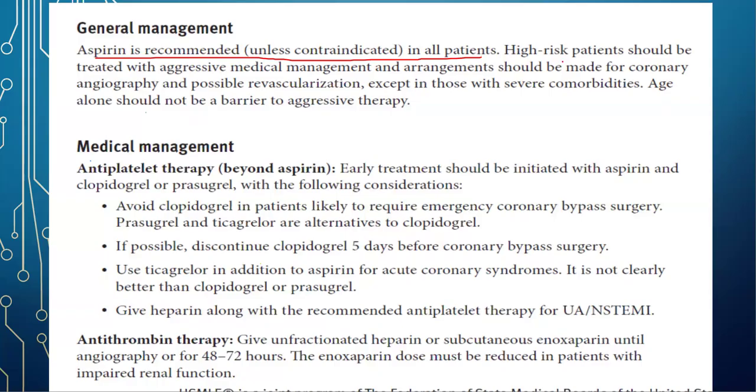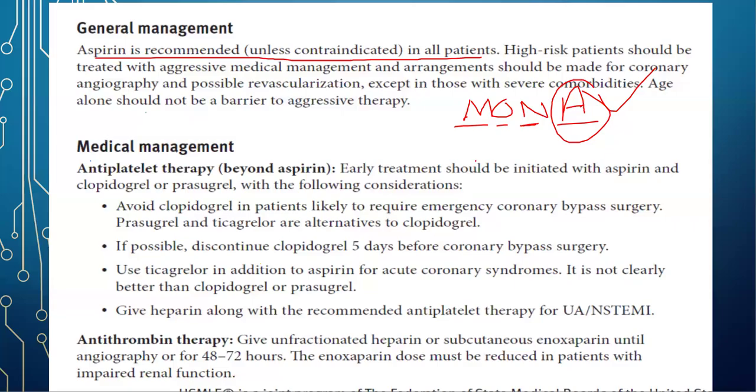Okay? So we say MONA. A is aspirin, which is the most important management. Then we have nitroglycerin. If the patient has chest pain, which definitely will be, you can give nitroglycerin. O for oxygen. If saturation is less than 94, you can give oxygen. And M for morphine, that's for chest pain as well. So MONA is the treatment of choice for everyone who has likelihood of acute coronary syndrome.